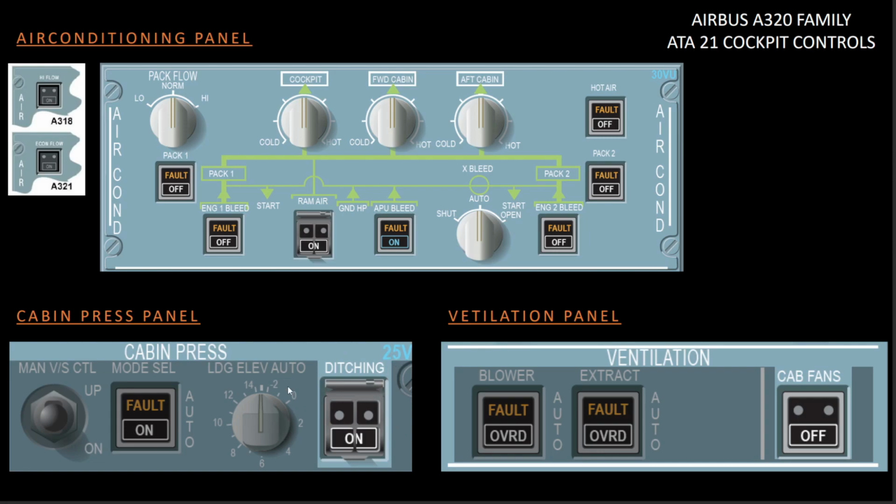So again, when you select this on, if ditching is not selected, the ram air inlet will open, and when you descend below 10,000 feet and the differential pressure is less than 1 psi, the air will come in and the outflow valve will open to 50% if it is in auto mode.